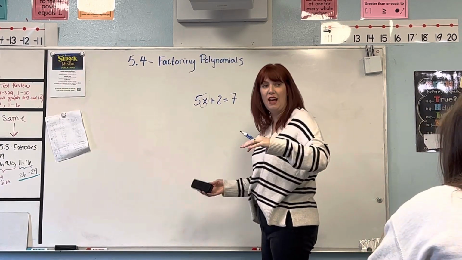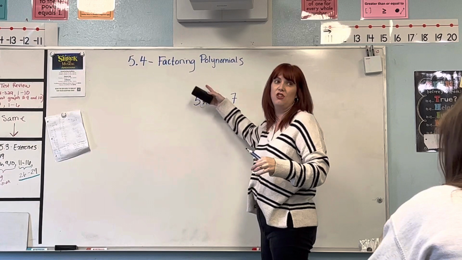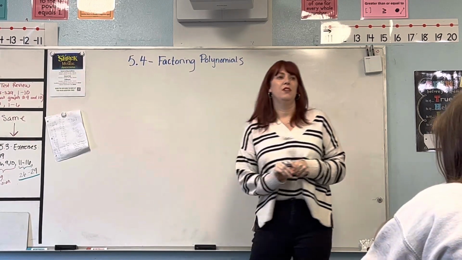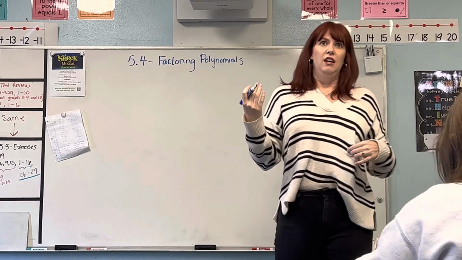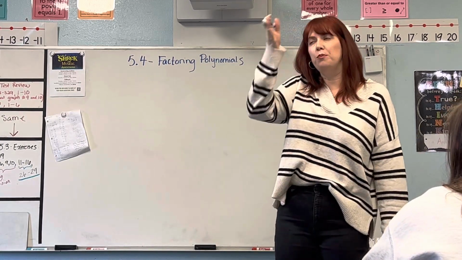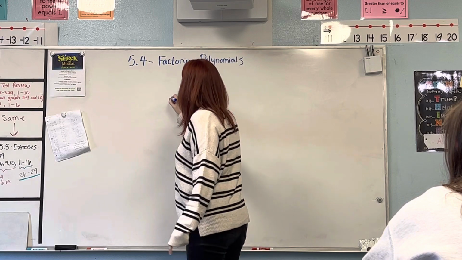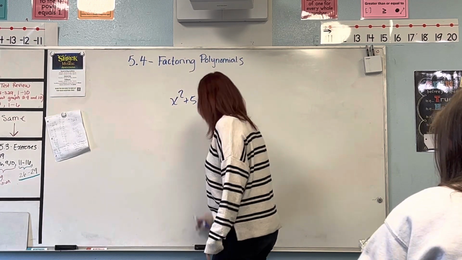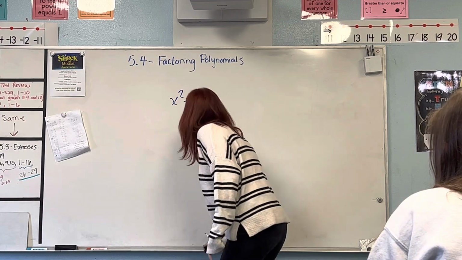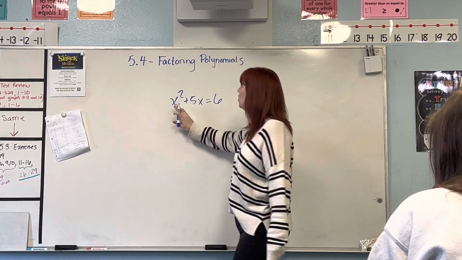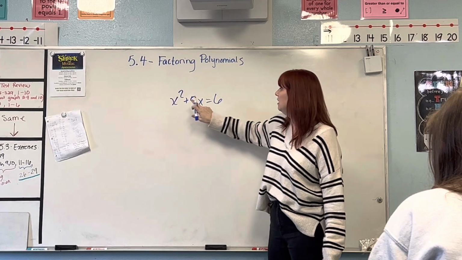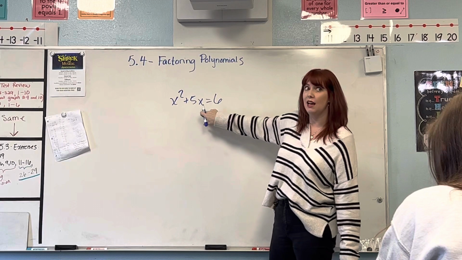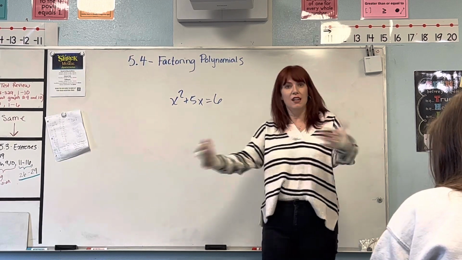Anything beyond that, if it's x squared, x to the third, x to the fourth, any other kind of equation, if there are multiple terms of x, like an x squared plus 5x equals 6, that means there are two different kinds of x's, so you can't isolate x anymore.